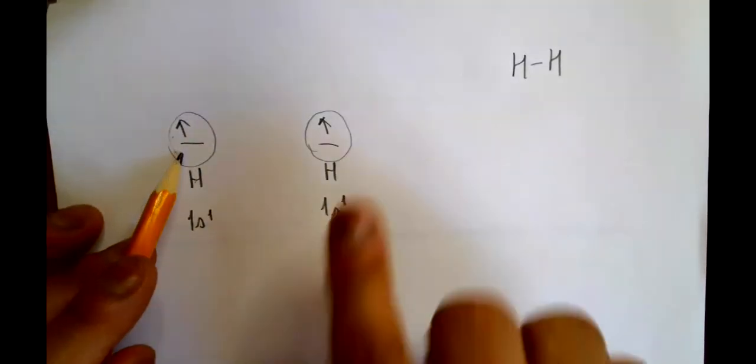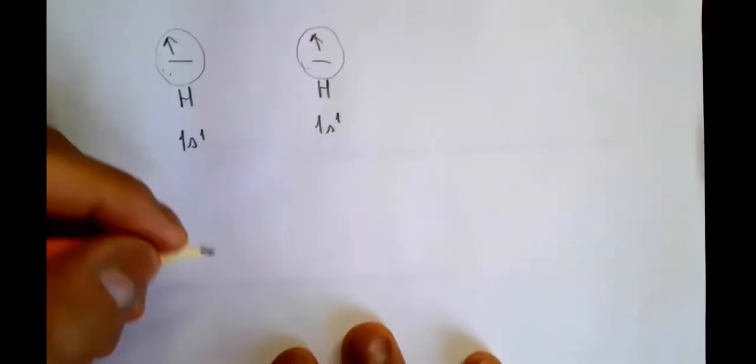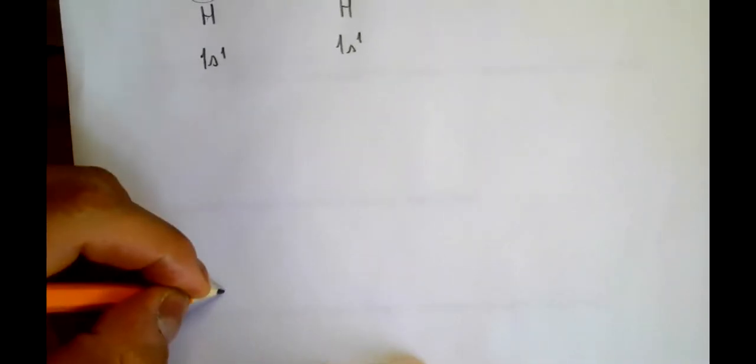In this case, how do they combine? Let's say here is my s orbital. This is my 1s of hydrogen and the 1s of hydrogen. So they combine in what we call in phase, face-to-face s orbitals.